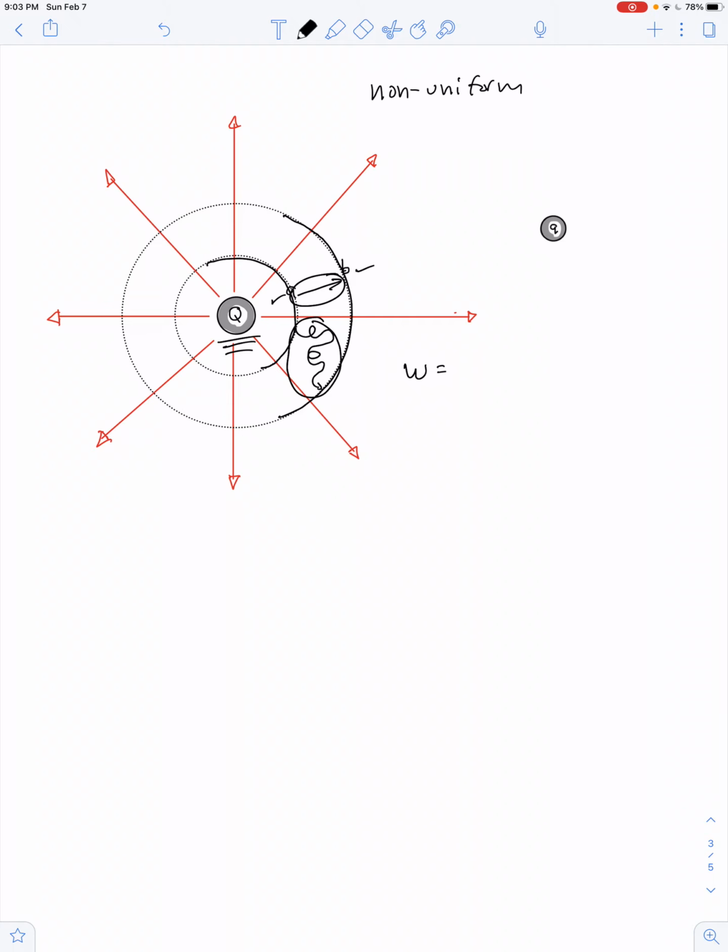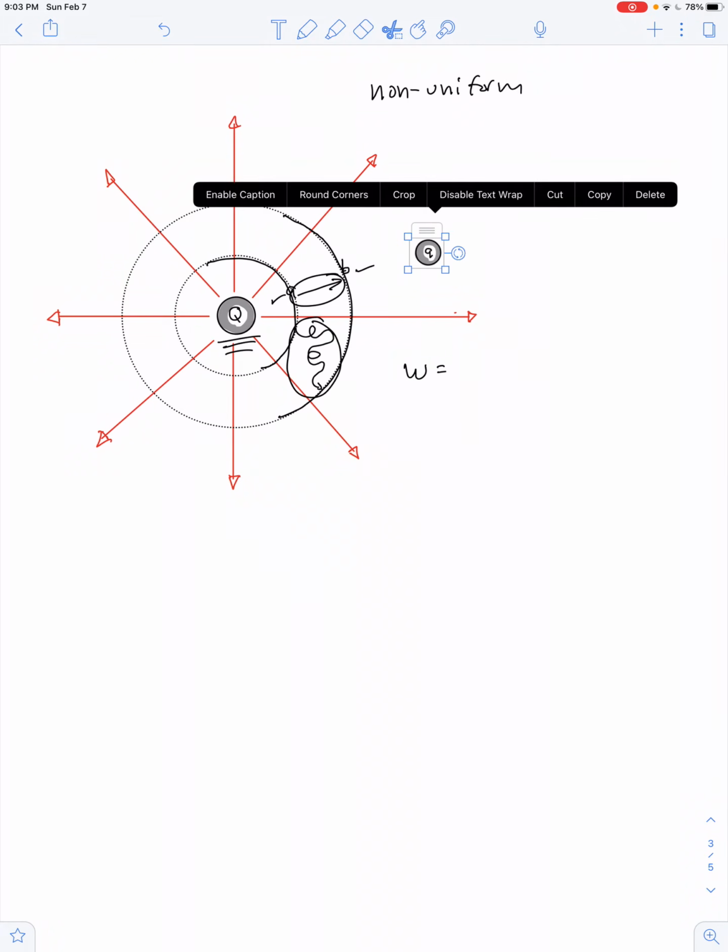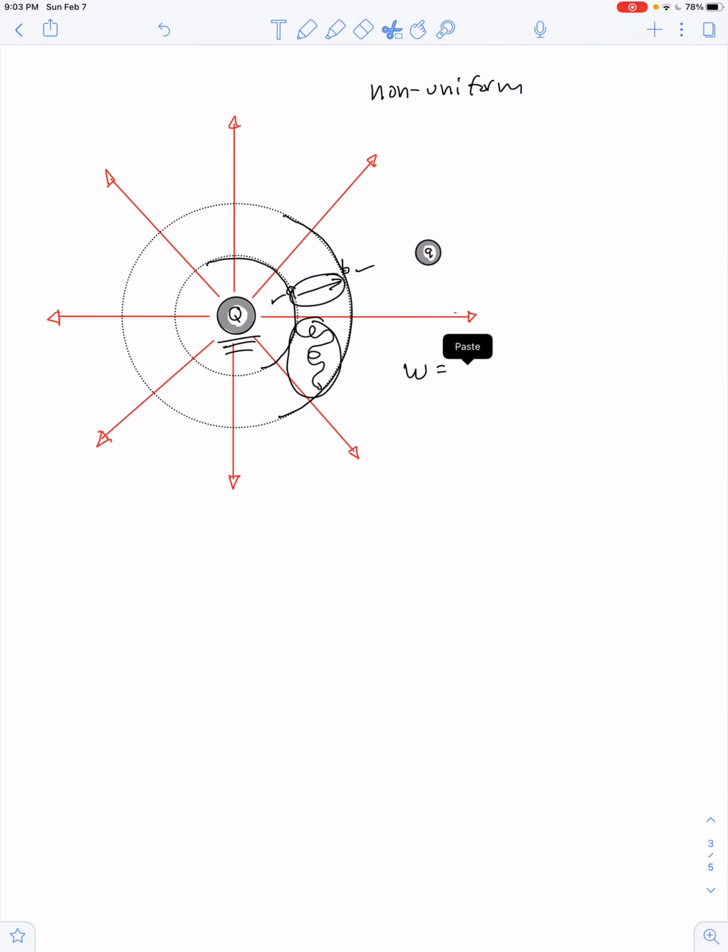So work is equal to the charge Q that's moved through the electric field between two different values of electric potential. If the change in the electric potential is negative, then the work is positive, right?